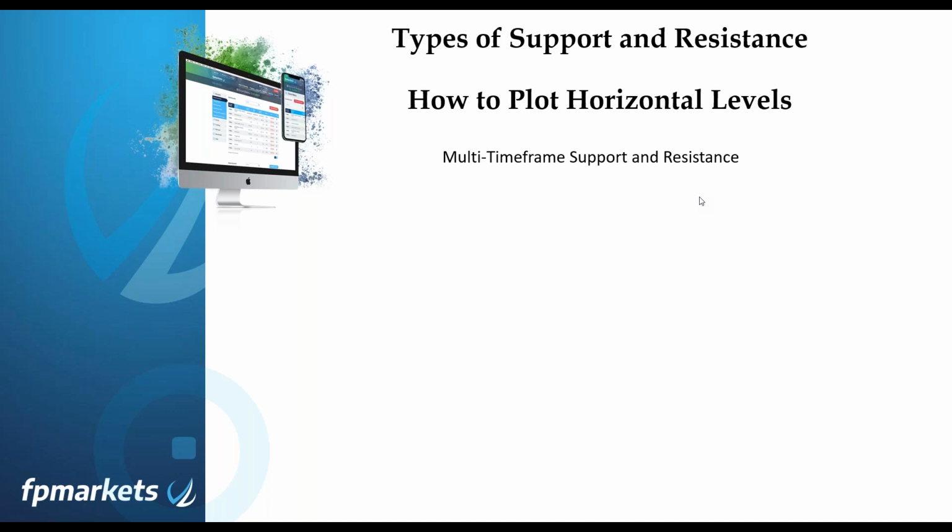So for my analysis in FP Markets, I focus on the monthly, daily, H4 and H1 timeframes. I use the monthly and daily timeframes for more of a longer term projection, and the H1 and H4 charts to gauge the shorter term direction.